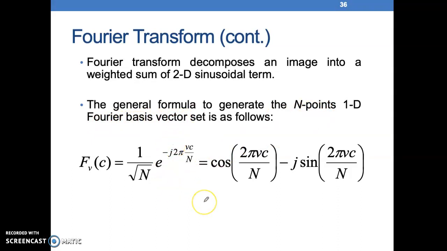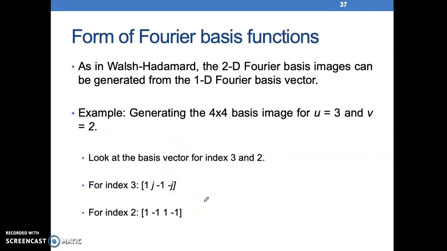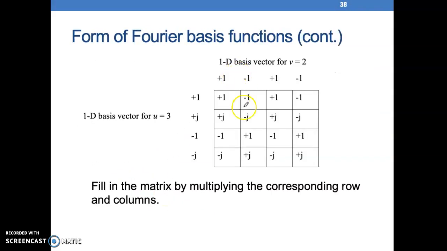So that's why they will get J, negative and J. So this is the basis image for Fourier. Different to WHT, which only involves +1 and -1.